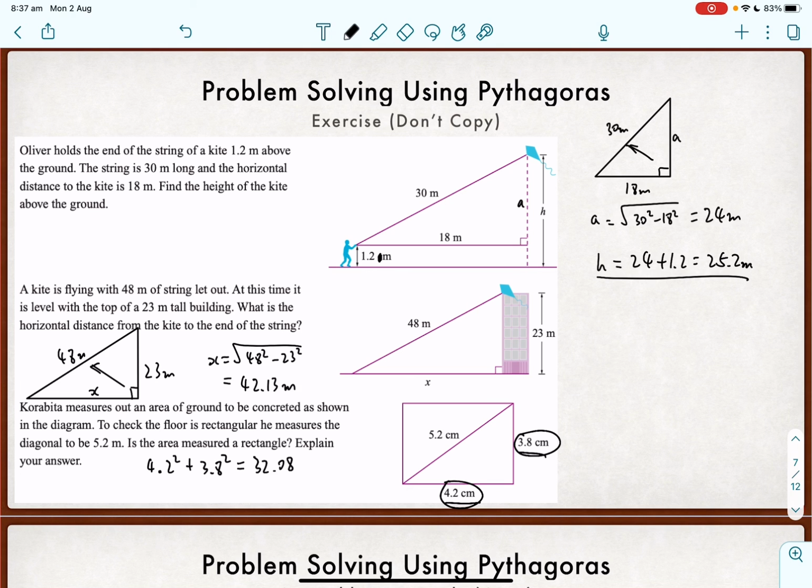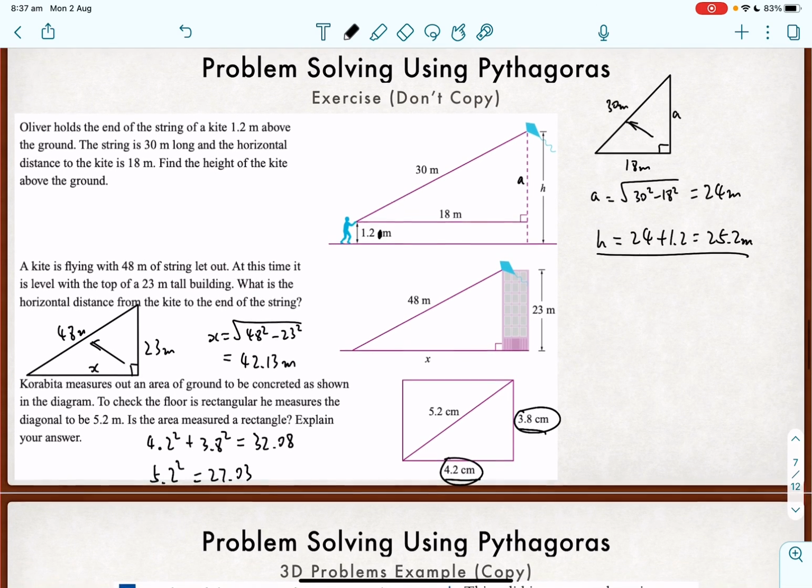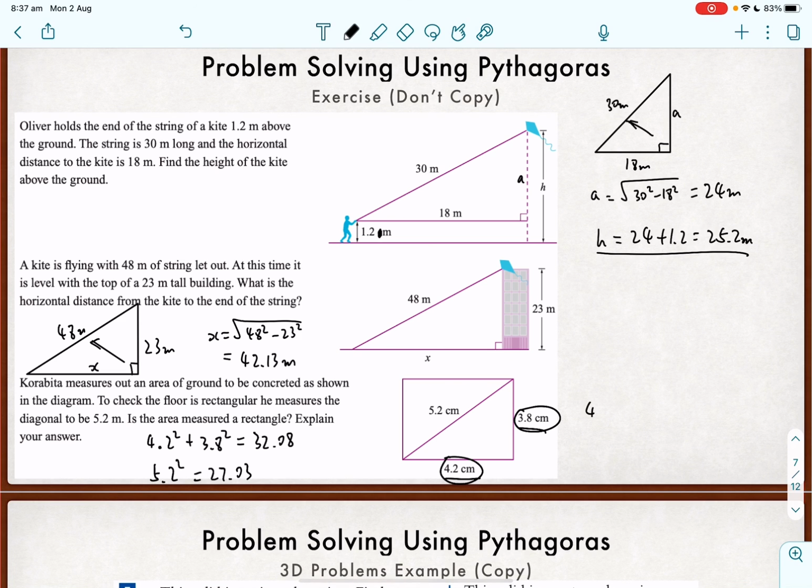Now let's try 5.2 squared. Let's see what it is. It's 27.03. So these two numbers are not equal. So 4.2 squared plus 3.8 squared is not equal to 5.2 squared.